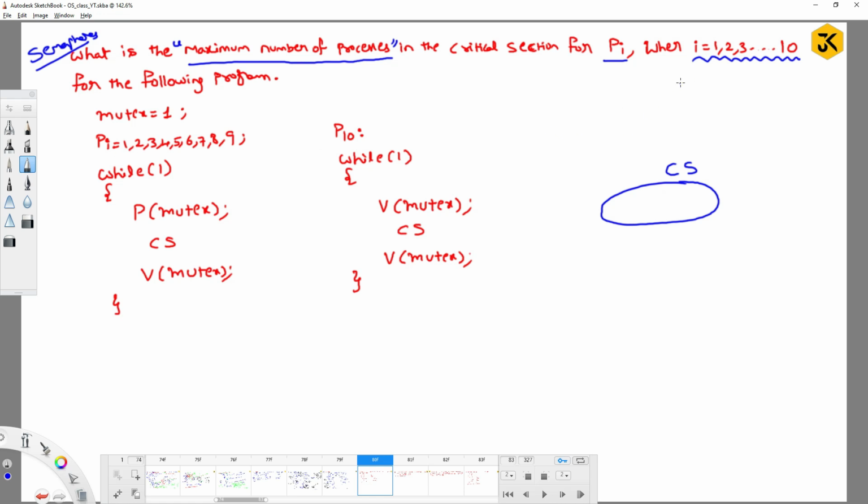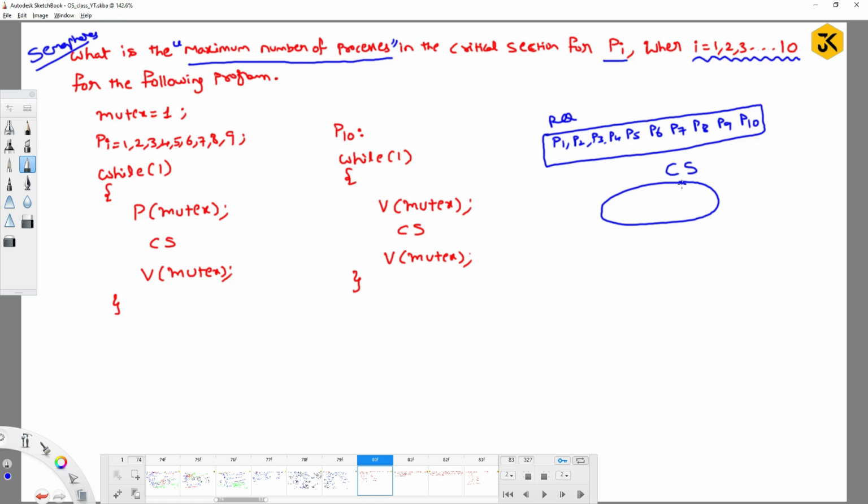P1 to P10, means P1, P2, P3, P4, P5, P6, P7, P8, P9 and P10 are the processes waiting outside in the ready queue.